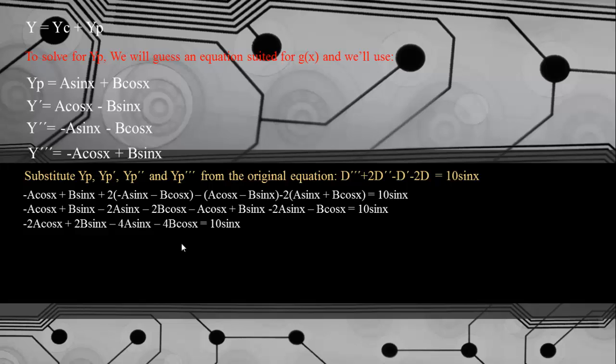So if we substitute, there is a cancellation of the same terms. So we will have negative 2a cosine of x plus 2b sine of x minus 4a sine of x minus 4b cosine of x is equal to 10 sine of x.